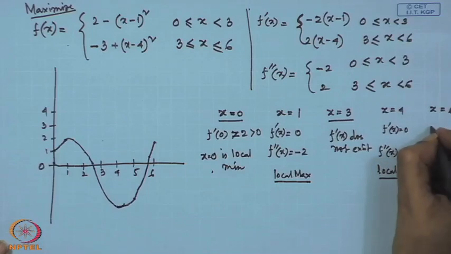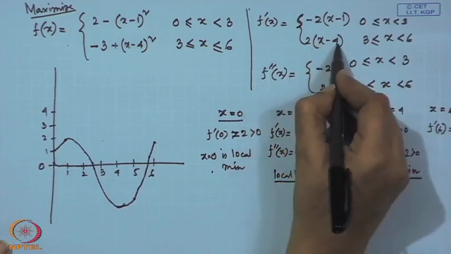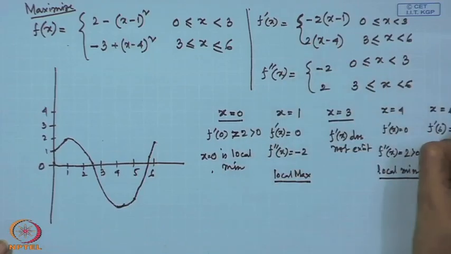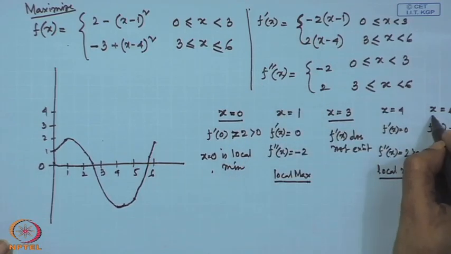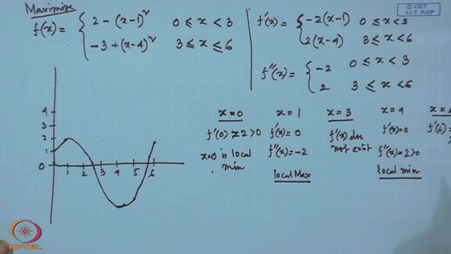Similarly, for x equal to 6, f dot 6 is equal to 2 into 6 minus 4, that is 2 into 2, which is 4, greater than 0. Again, the classical optimization technique tells us that at the end point x equal to 6 the function cannot have any local maxima or local minima, but it is very clear that we have a local maxima here.